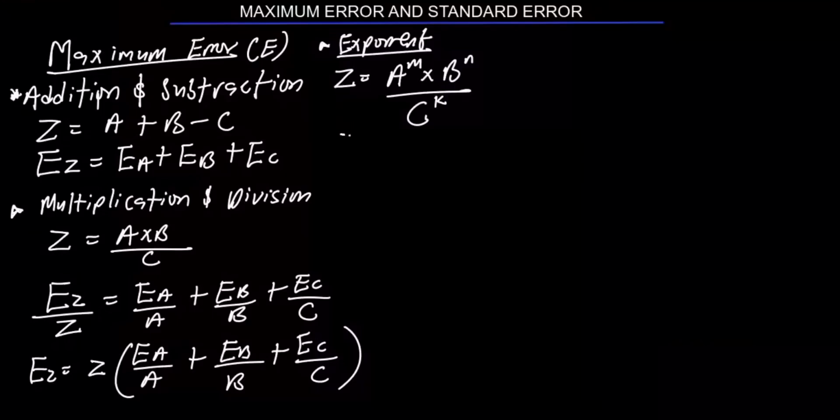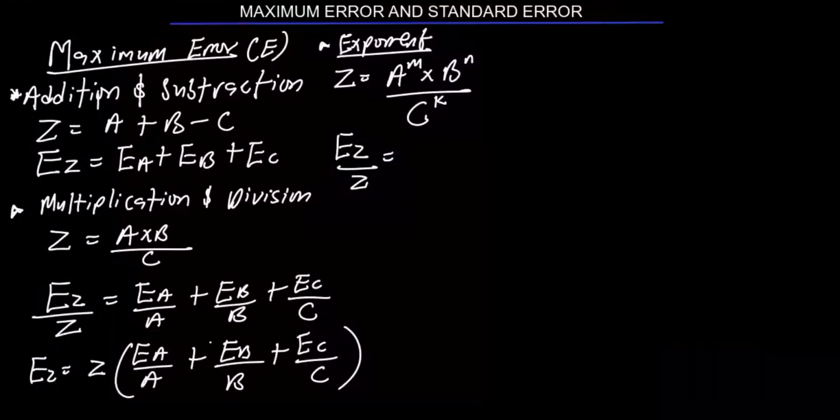When you are finding maximum error, you are going to say EZ over Z. It will still follow this same pattern, but the rule is to drop down the power and make it the coefficient. EA over A, what is the power I'm having here? m. You write it here like this, plus EB over B, what power am I having here? n. You write it like this, plus EC over C, what's the power I'm having here? k.